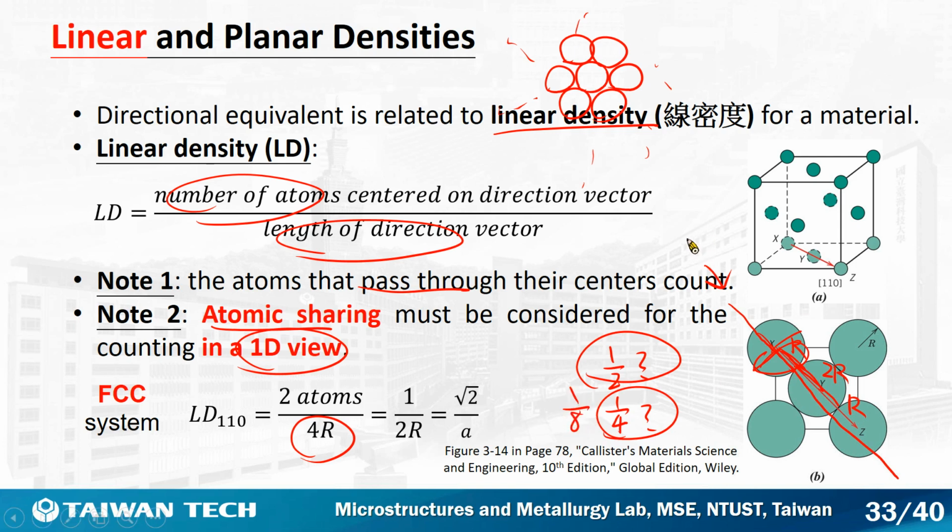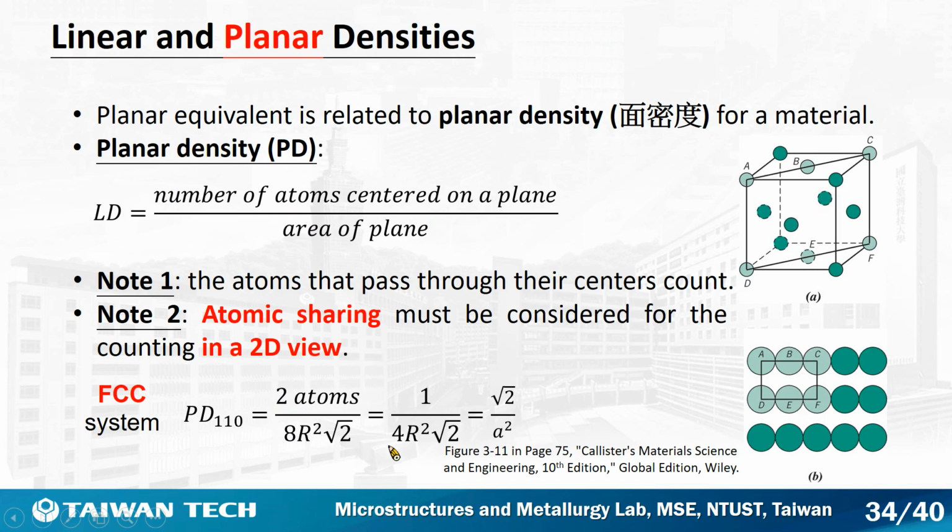What I'm saying is, because this is a linear density, you should look at it in a one-dimensional way. So this is one atom, this should be a half atom. So the total will be 2 atoms, and then we get a result.